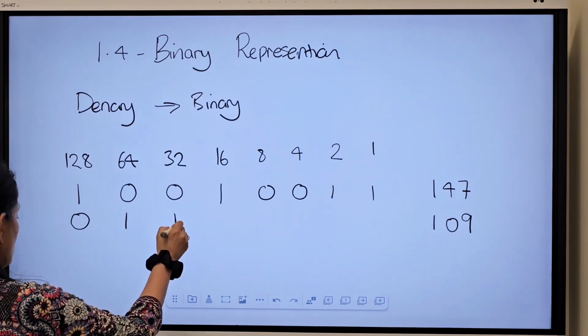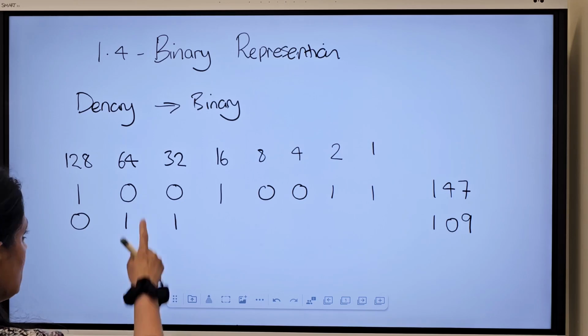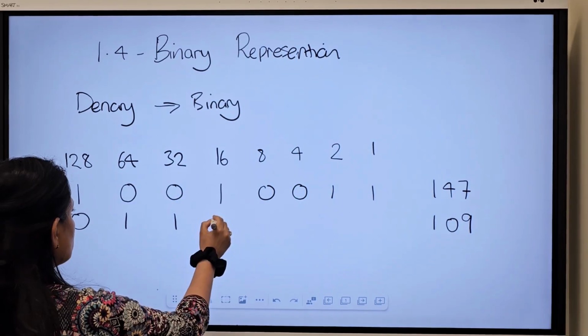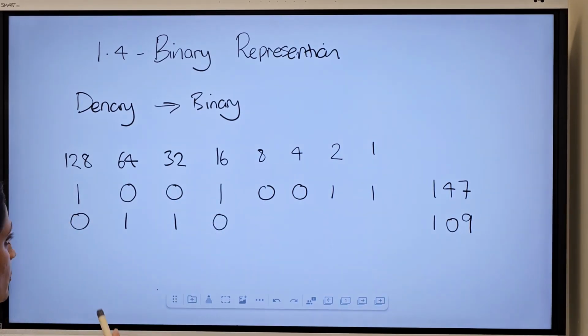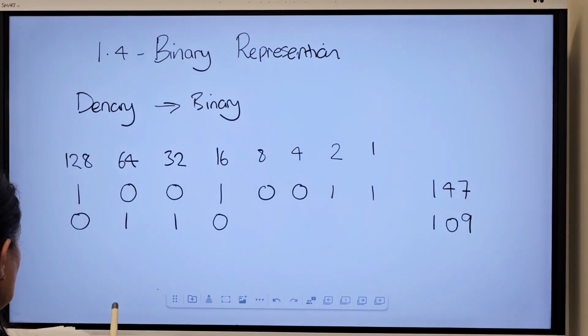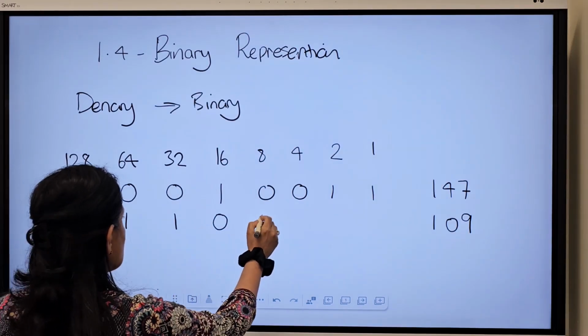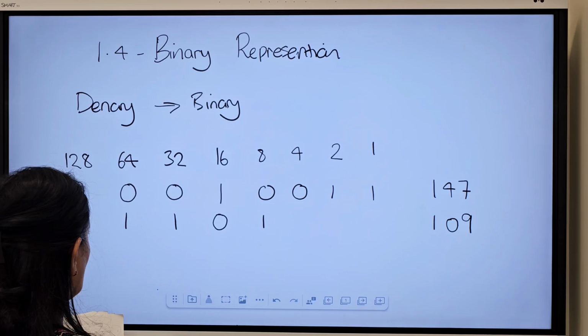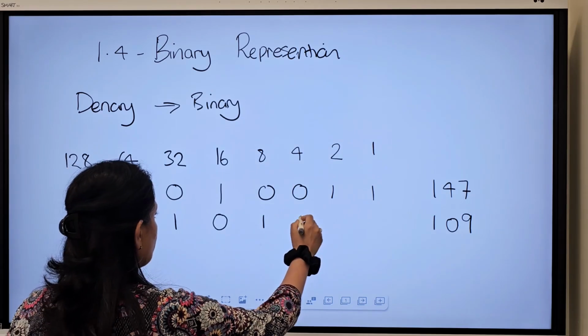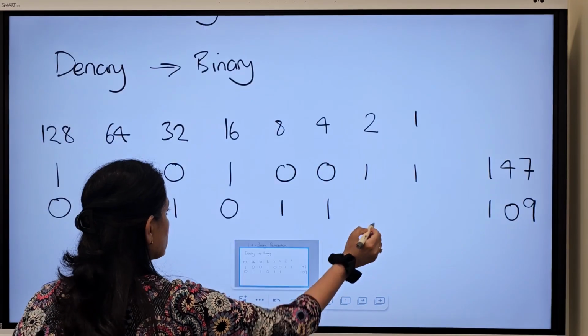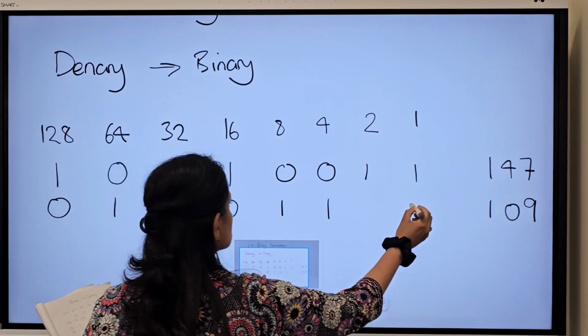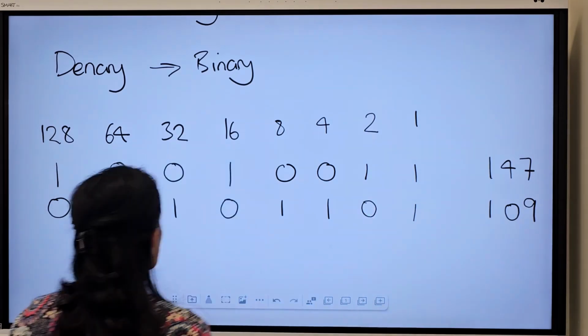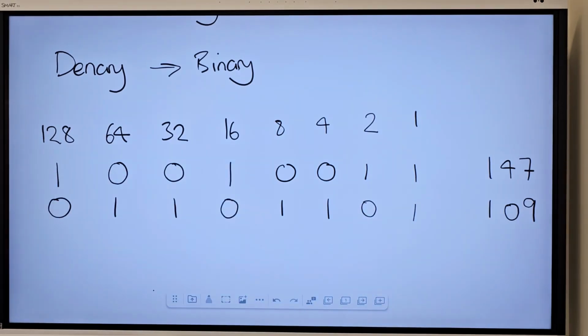Okay, so we can put a 1 there. Okay, add the 16, that will take us over, so that's not going to work. So 96, we would then add the 8, plus the 4, plus the 1. And that will give you 109.